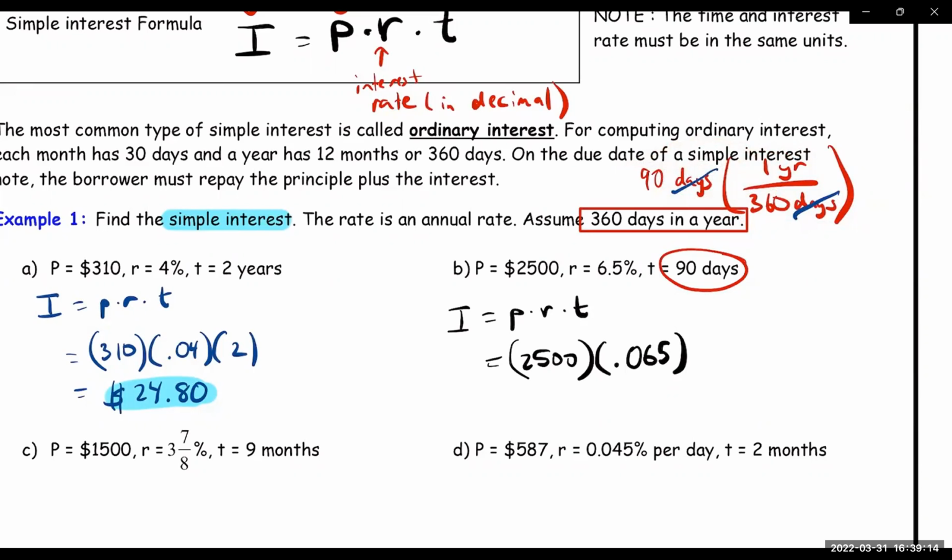You can write this as a decimal or a fraction, 1/4 or 0.25. I'll just stick with the decimal since we're going to multiply this out. So 1/4 is the same as 0.25. In other words, in order to convert days to years, all you have to do is divide by 360. So 90 divided by 360 turns out to be 0.25. And there you go. That's going to be our answer, whatever that turns out to be.